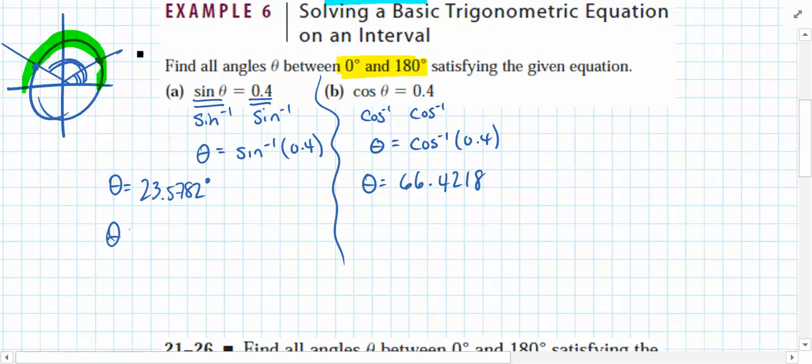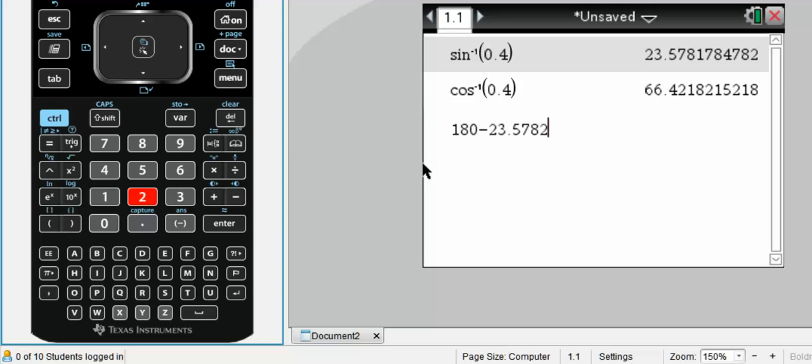So for my second theta measurement, I might even label these as 1 and 2. The second theta measurement would be 180 degrees minus the 23.5782 degrees that we found in the first example. So theta 2 would be equal to 180 minus 23.5782.